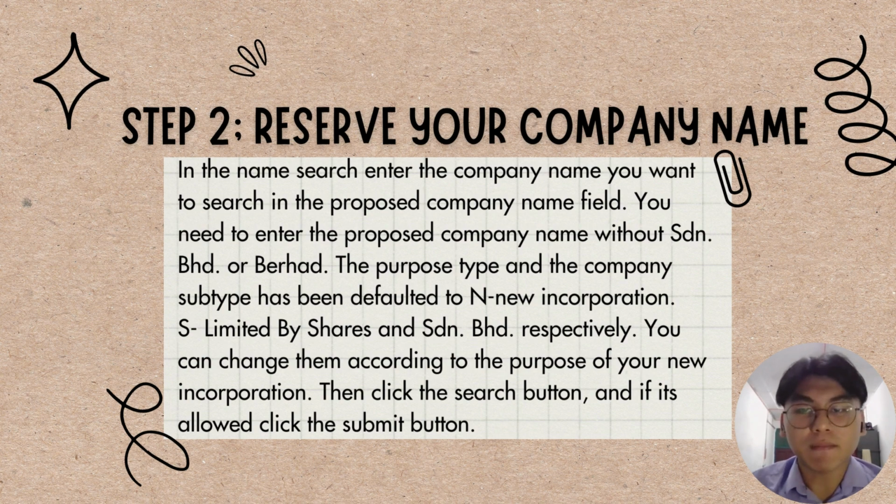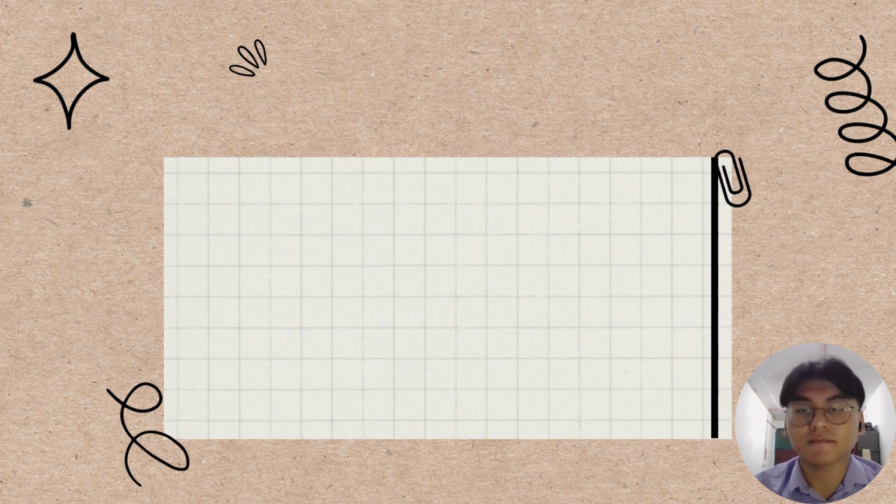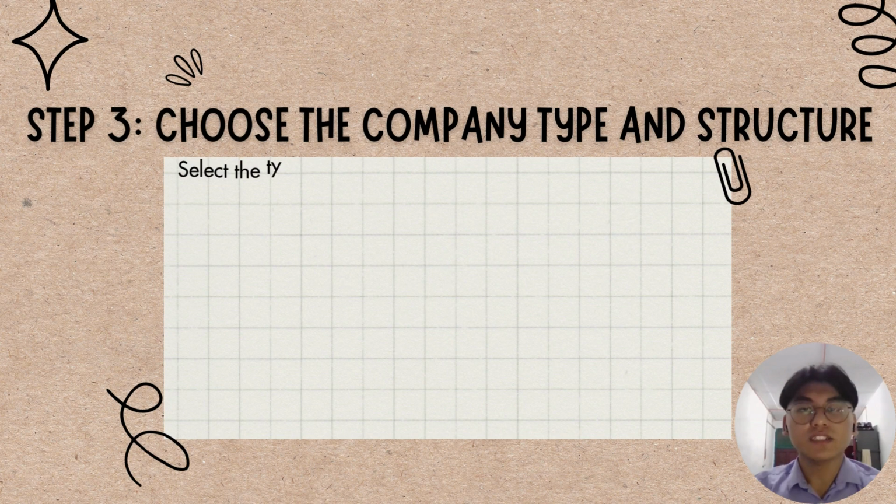The purpose type and the company subtype are defaulted to new incorporation, limited by shares and Sendirian Berhad, respectively. You can change them according to the purpose of your new incorporation. Then click the search button, and if it's allowed, click the submit button.